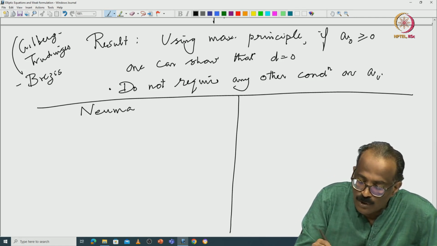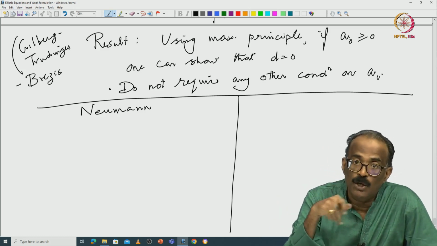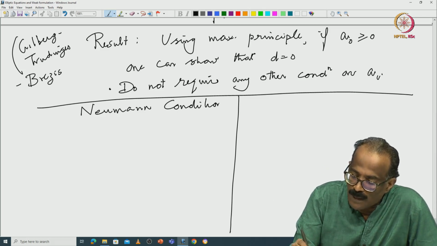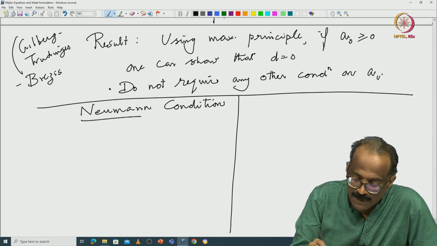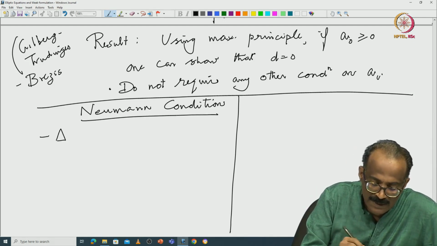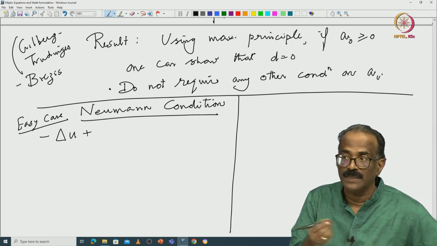Of course you can also work it out with the general L equation. Let me do some results with the Neumann. So look at this equation. Let me take an easy case. It is a slightly more difficult case when you do not have the zeroth order term.